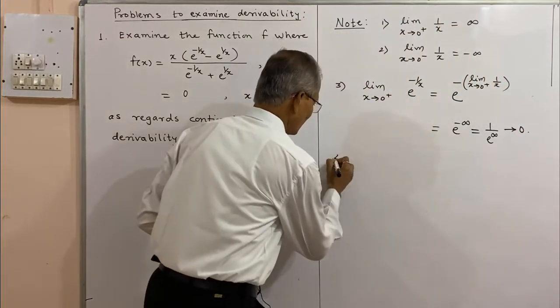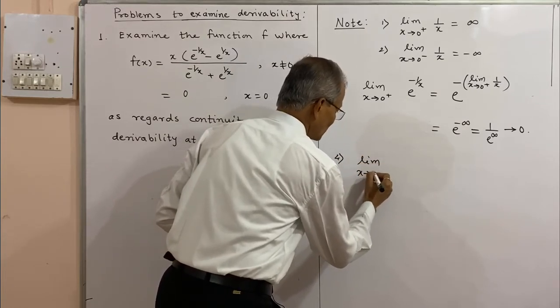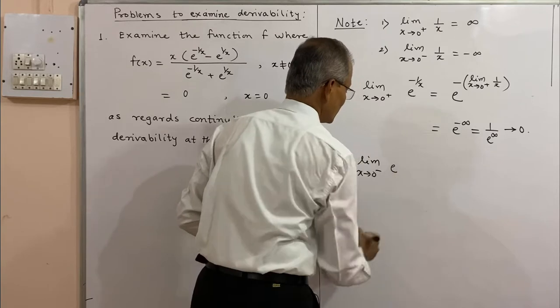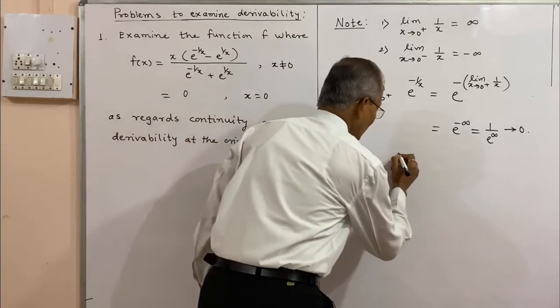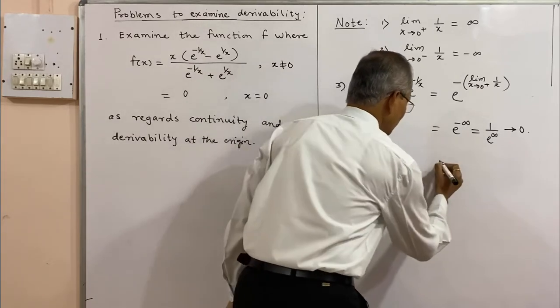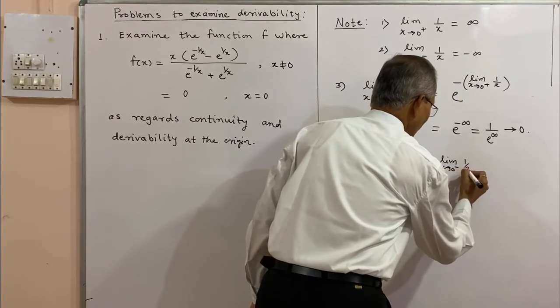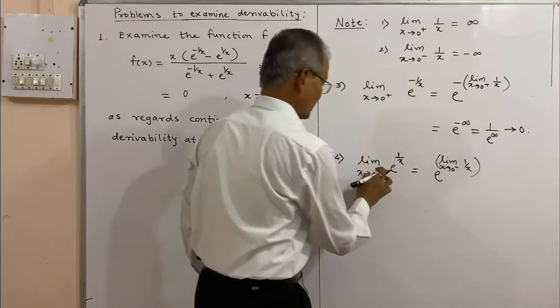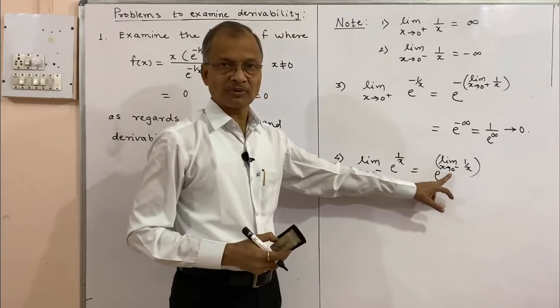And one more we shall consider: limit as x tends to 0 from left of e raised to 1 by x. This will be e to the power limit as x tends to 0 from left of 1 by x. And what is the limit of 1 by x as x tends to 0 from left?